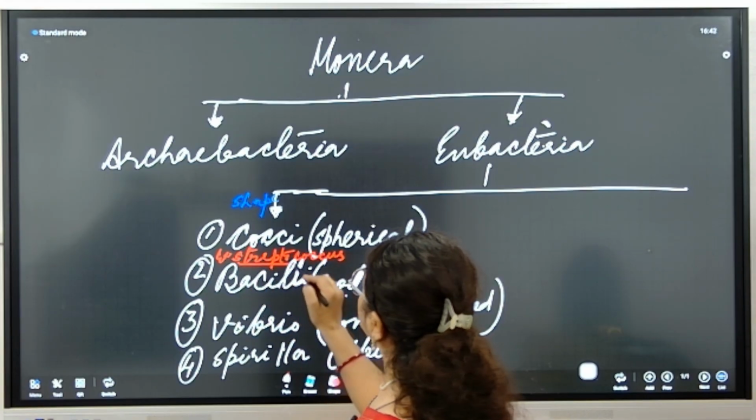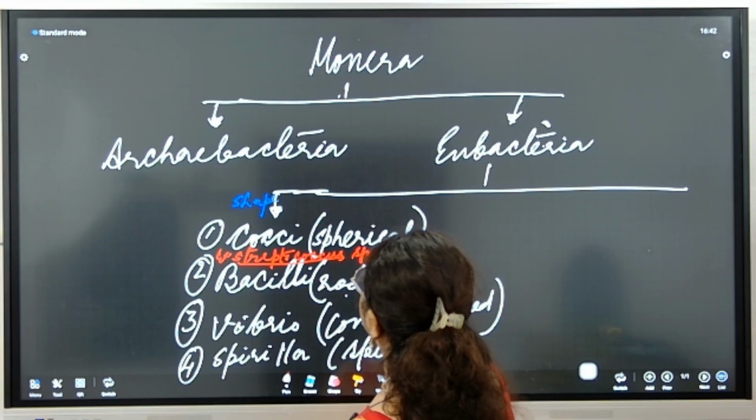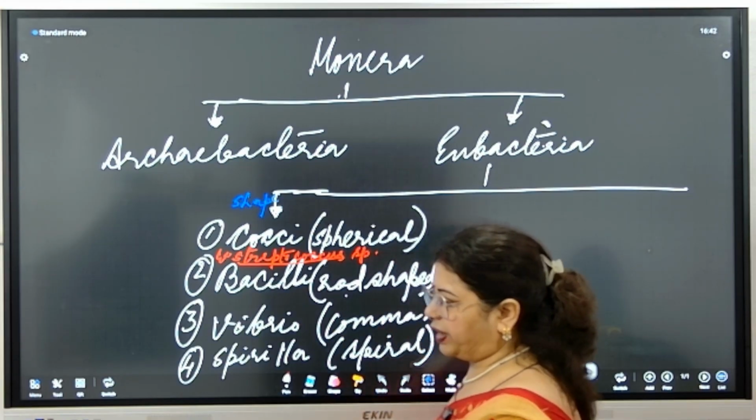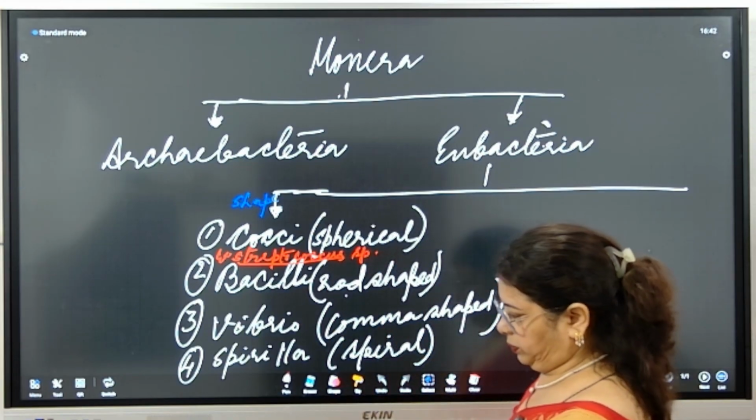It is the genus, so underline it, then the species. So this is an example.